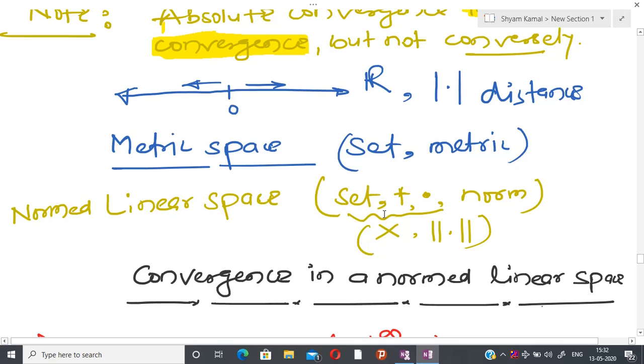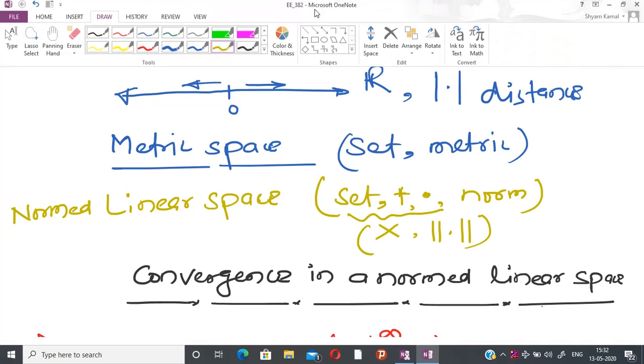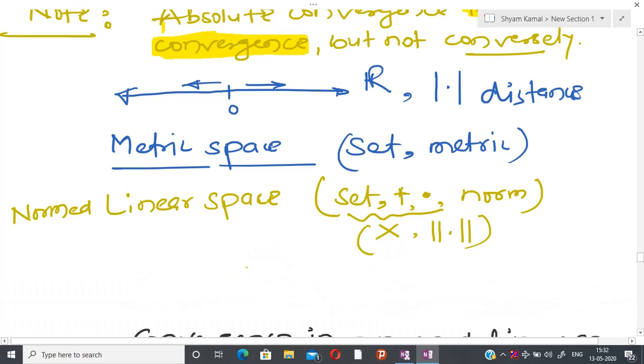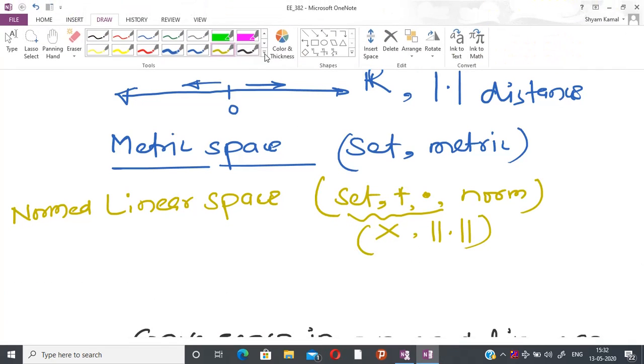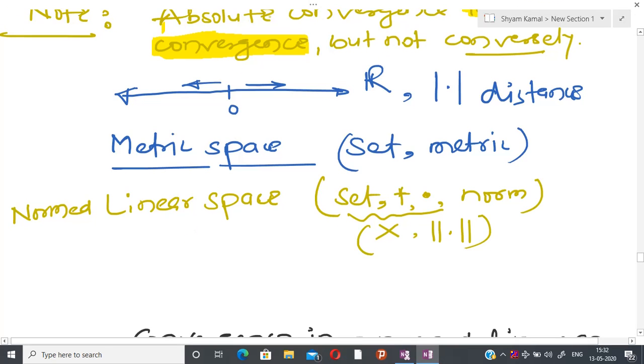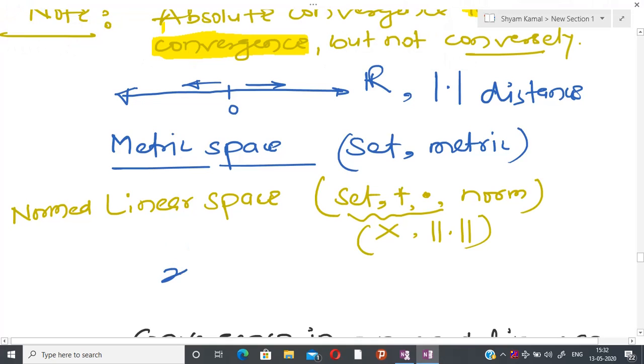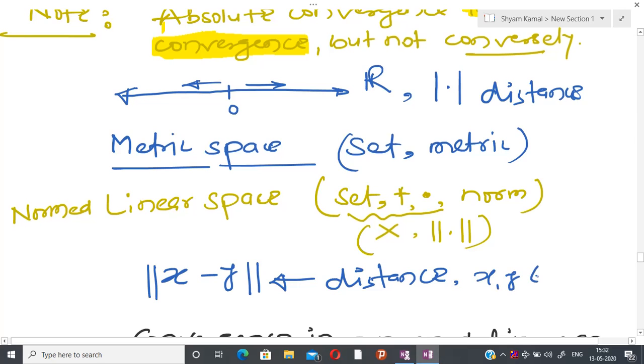If I take any two arbitrary points in this space, say x and y, then this defines the distance in the normed linear space, where x and y both belong to this linear space.